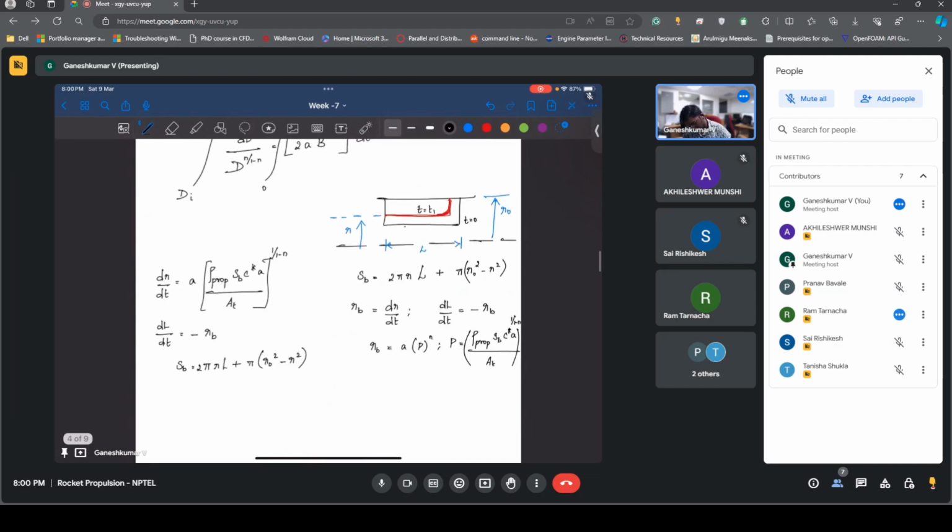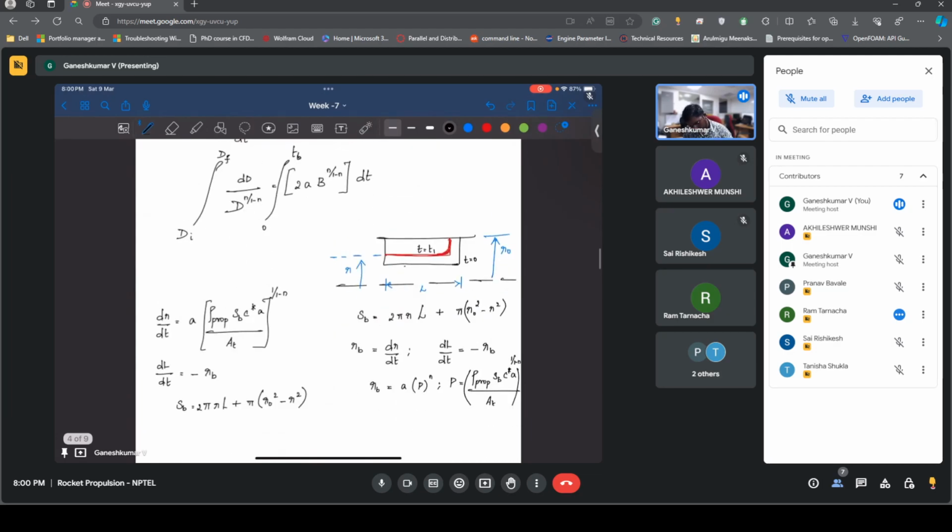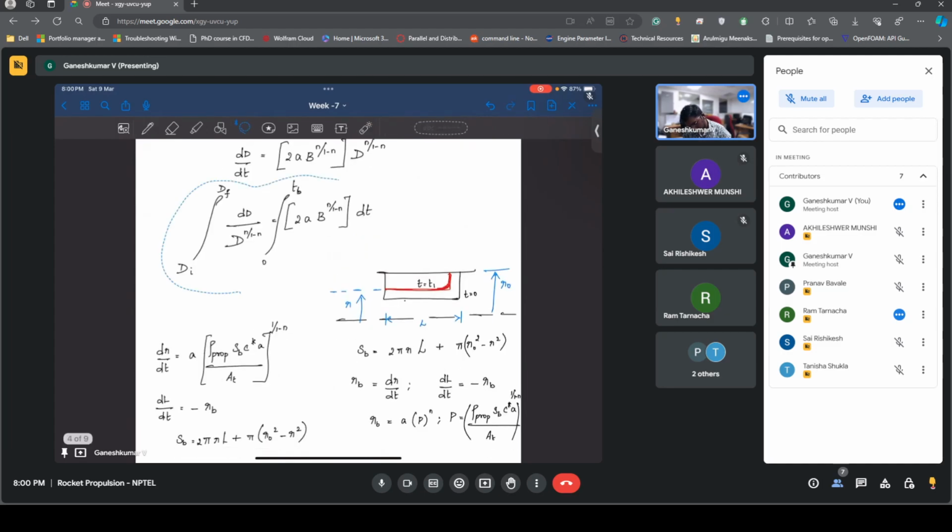Okay, so what happens if we do this integration?